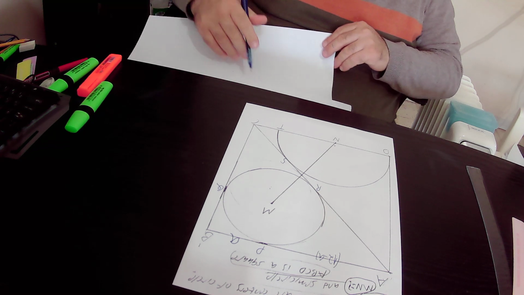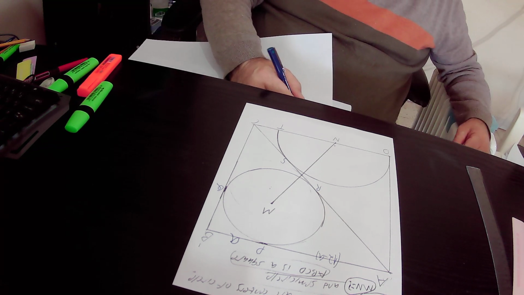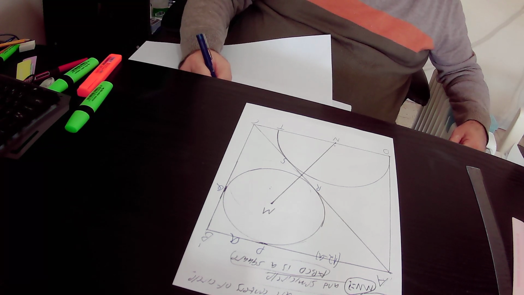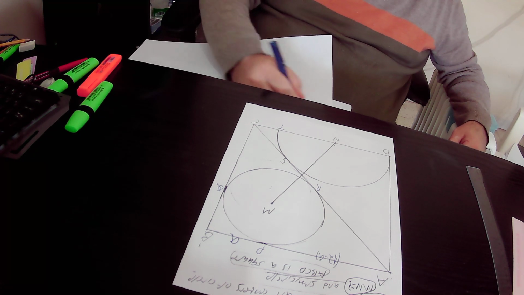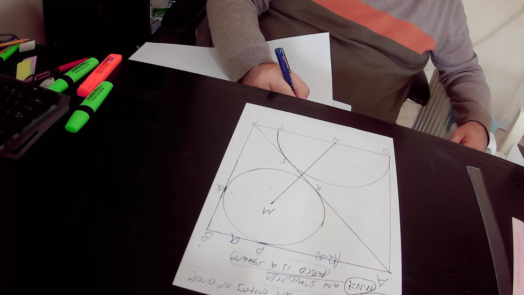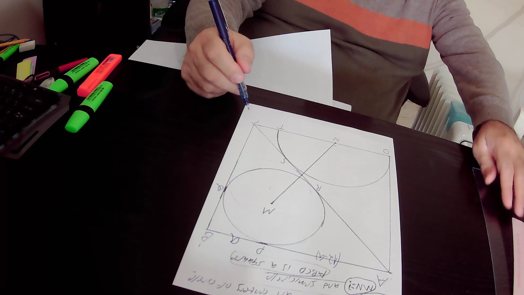So from point B we have two tangents to this circle.